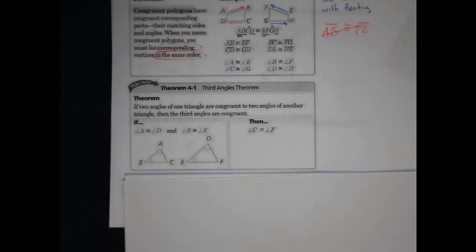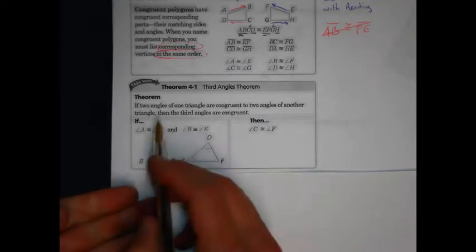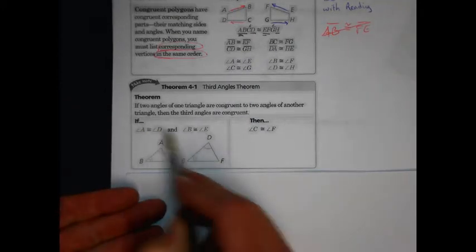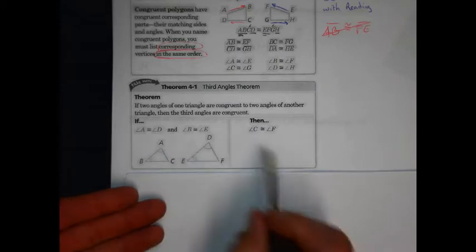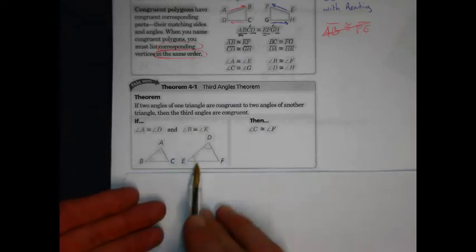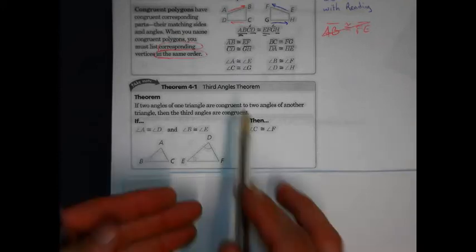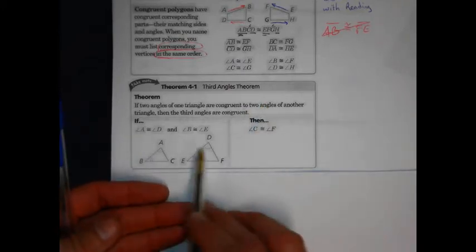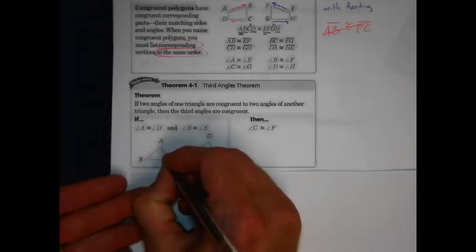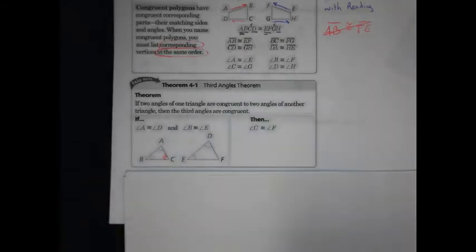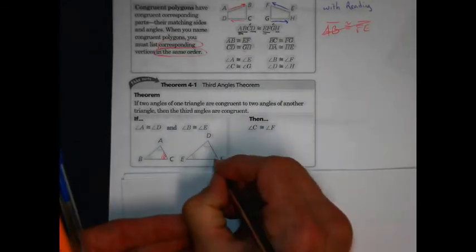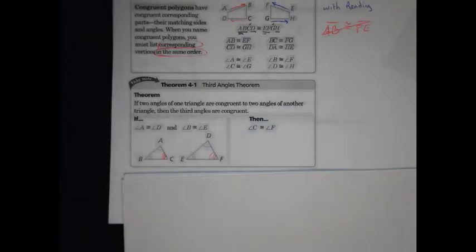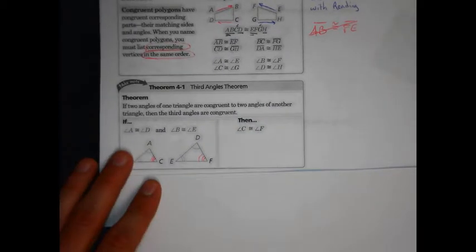If we look at the note here, we have angle A being congruent to angle D, 1 arc. And angle B being congruent to angle E, 2 arcs. Then the third angle theorem says that angle C, 3 arcs, must be congruent to angle F. Boom, boom, boom. So if you have 2, you have to have 3. And that's the note for that.